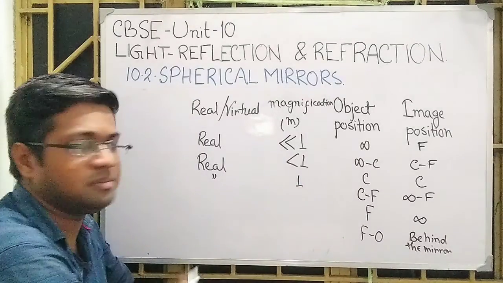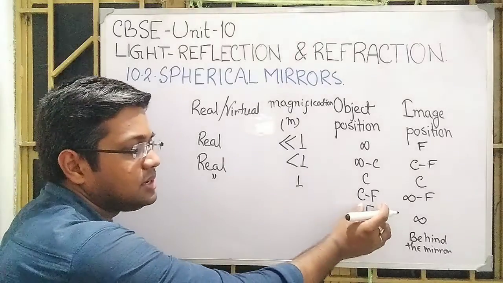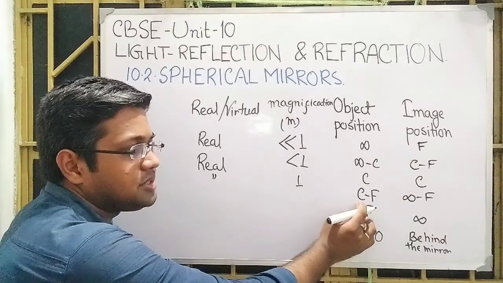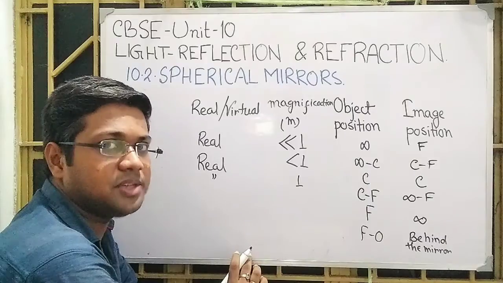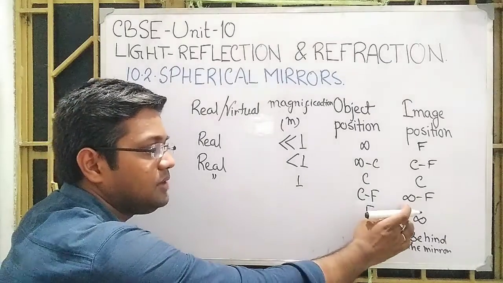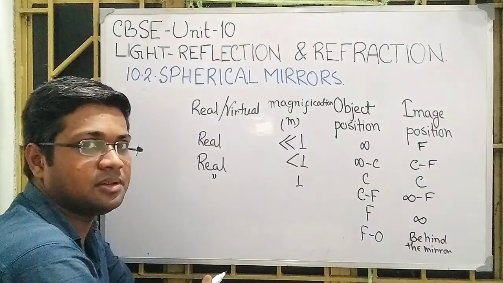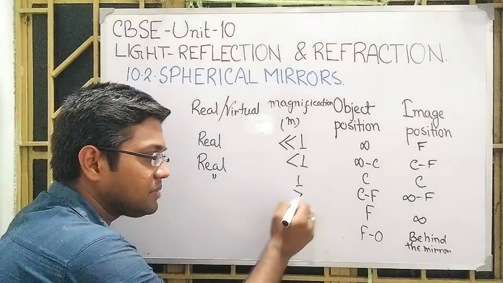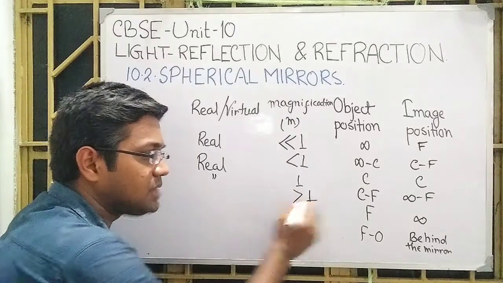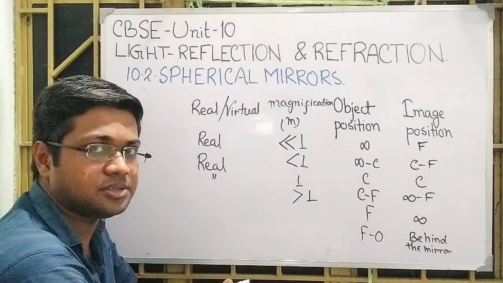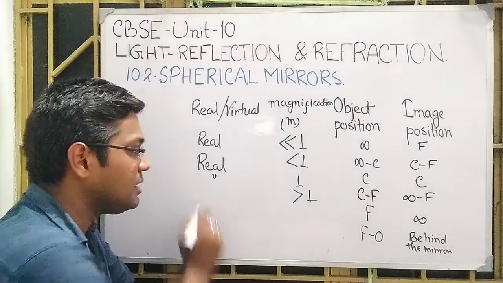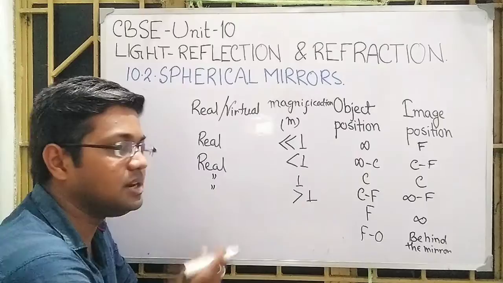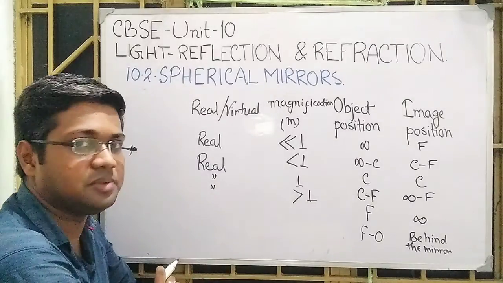Now in case of the object between the center of curvature and the focus, where will the image be? The image will be formed in between the center of curvature and infinity. At that time the image is of greater size than that of the object, so the magnification is greater than 1, and here also the image will be real and inverted.